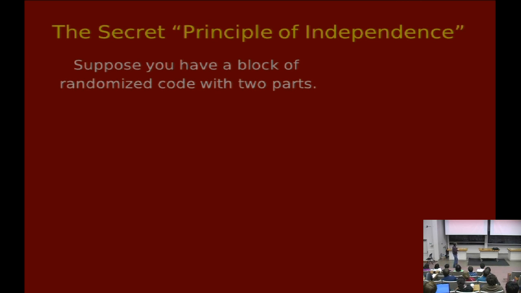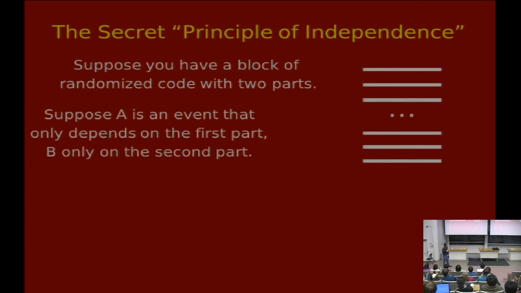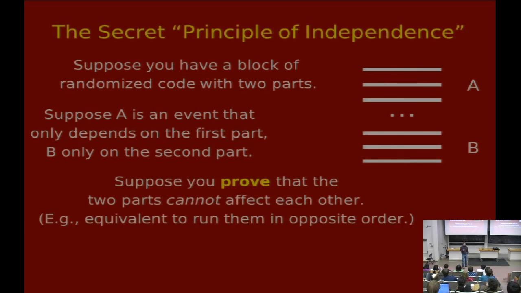Suppose you have a block of randomized code and you split it into two parts, like these lines and these lines. Suppose A is an event that only depends on the first part, so whether or not A occurs, you can tell just by seeing the trace of these lines. Similarly, B is an event that only depends on these lines. Suppose you prove using regular mathematical logic and reasoning that these two parts of code cannot affect each other.